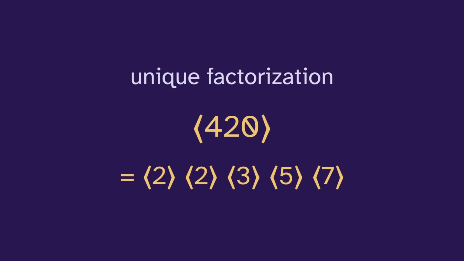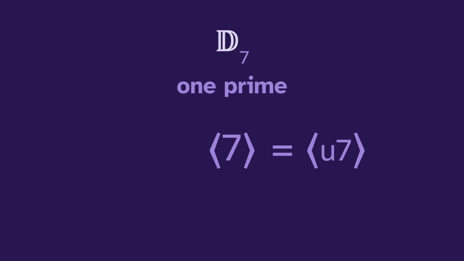So now let's apply this back to D7. We have just one prime ideal, the 7 ideal. The ideal from any other prime, a unit times 7, is equal to the 7 ideal. So there we are. D7 is a domain where 7 is the only prime.